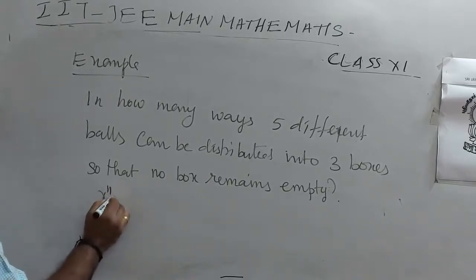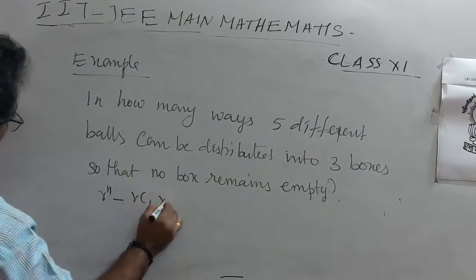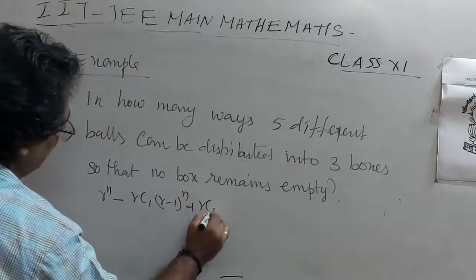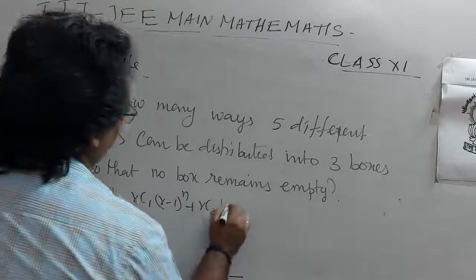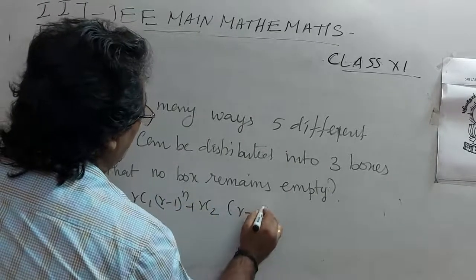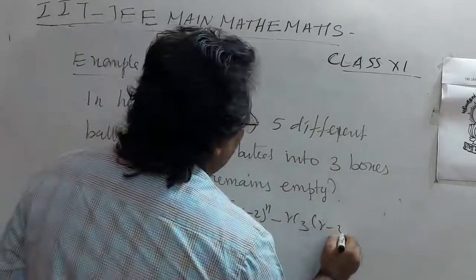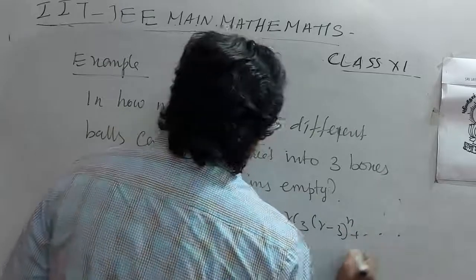So r power n minus rC1 into r minus 1 whole power n plus rC2 into r minus 2 whole power n minus rC3 into r minus 3 whole power n.